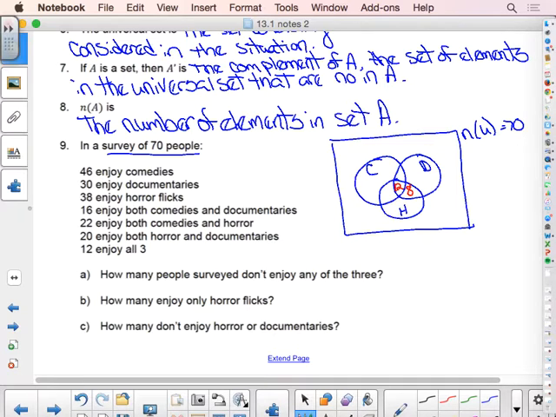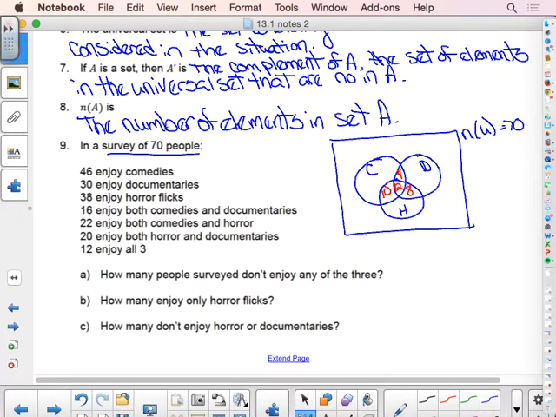We've already considered 12 of them because they like all three. So that means that there are 10 people who like comedies and horrors. And then if you look at the next above, 16 enjoy both comedies and documentaries. Again, 12 are already considered in that overlap. So this would be 4.